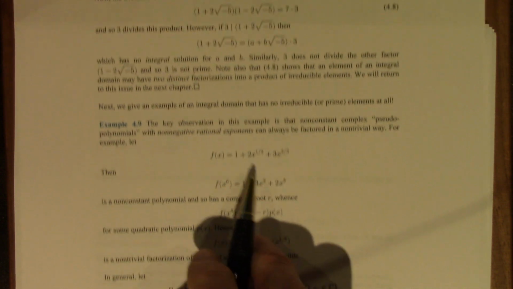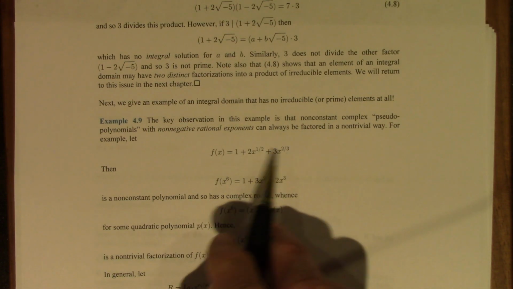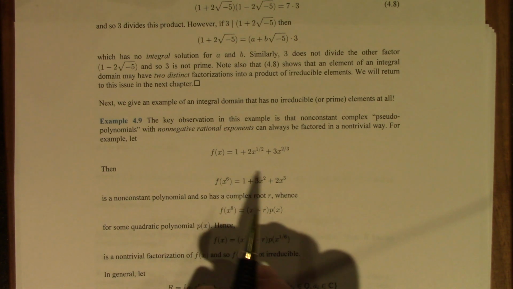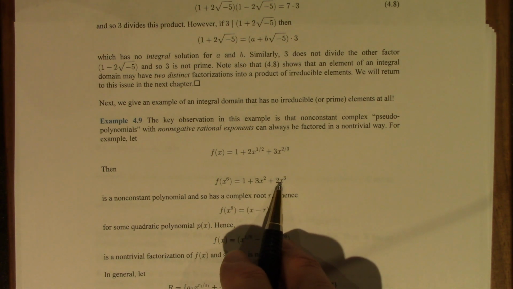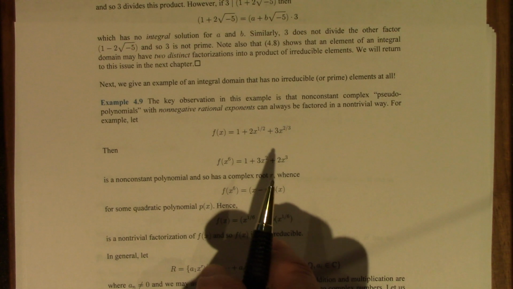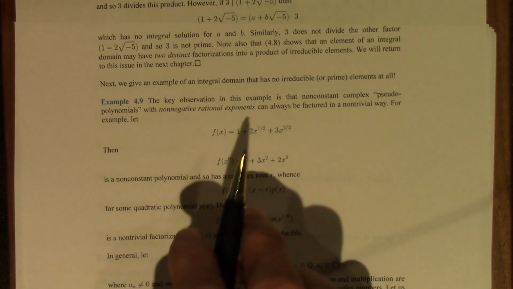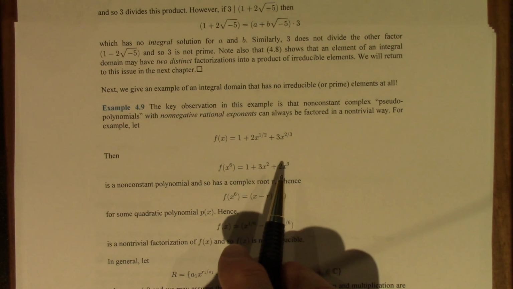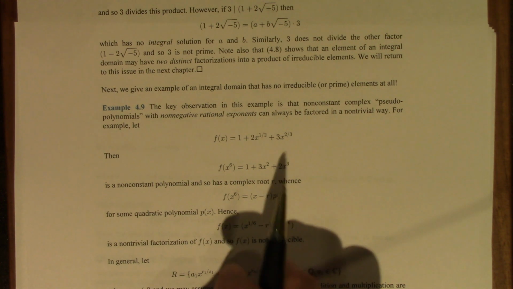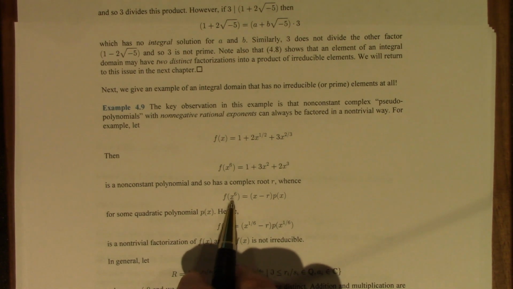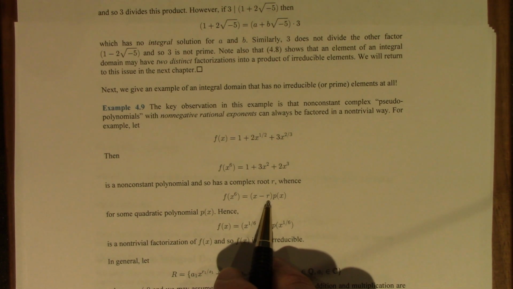Here's how you would do it with this polynomial. F of x to the 6th is an ordinary polynomial, clears all the denominators and the exponents, and it's non-constant because this was non-constant, and so it has a complex root, r. So f of x to the 6th has a factor x minus r.